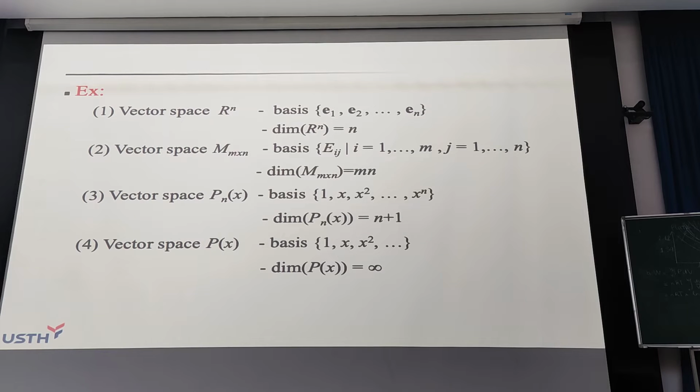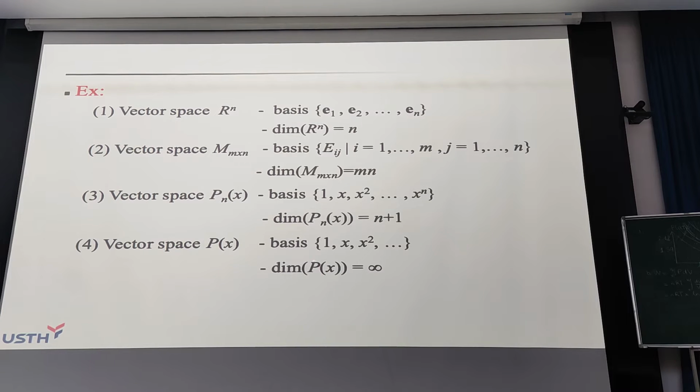And the vector space M_{m×n}, that is the space of m by n matrices, has a basis consisting of those matrices, so the dimension of that space equals m times n. And the vector space P_n(x) has a basis consisting of those vectors, so the dimension of P_n(x) equals n plus 1.